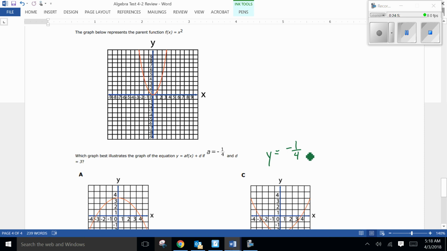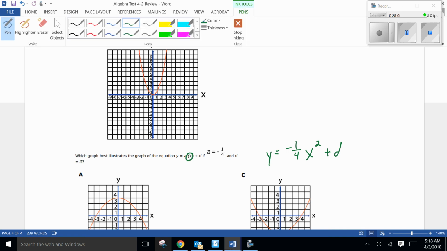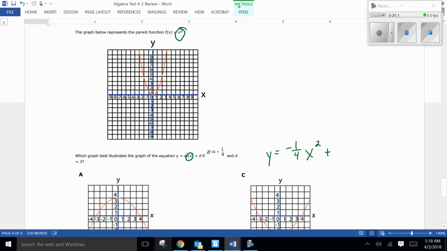It says that f of x is x squared, so I'm going to replace my f of x here with x squared. So negative 1/4 x squared plus, oh, and it says d is 3. So I'm going to fix that. d is 3. So plus 3.